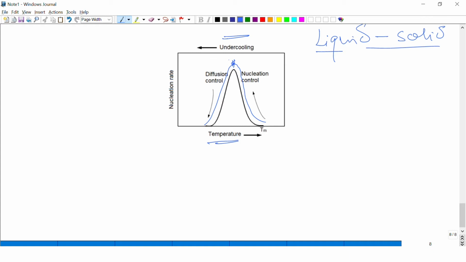And as I said, the temperature is interrelated to the undercooling. When you are on the high temperature side, the undercooling is low.